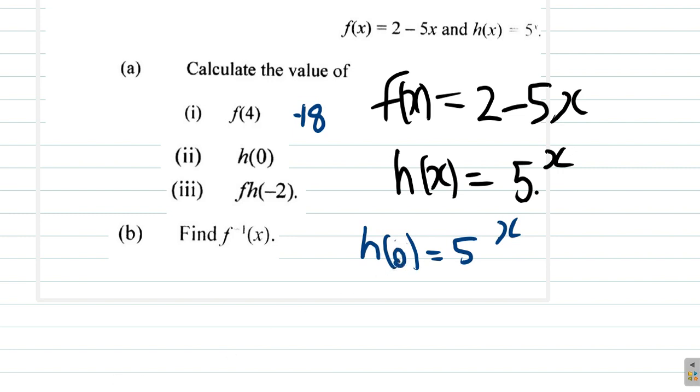What is 5 raised to the power of 0? Well, you have to remember your indices for this one. 5 raised to the power of 0 is equal to 1. In fact, when you raise any number to the power of 0, you get 1. Alright?